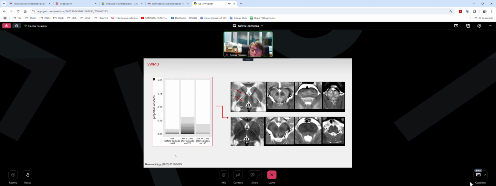In fact, if you look at this graphic, MRI abnormal scores are lower before a clinical episode of worsening, but they become higher during the episode, or very close to the episode of clinical worsening.